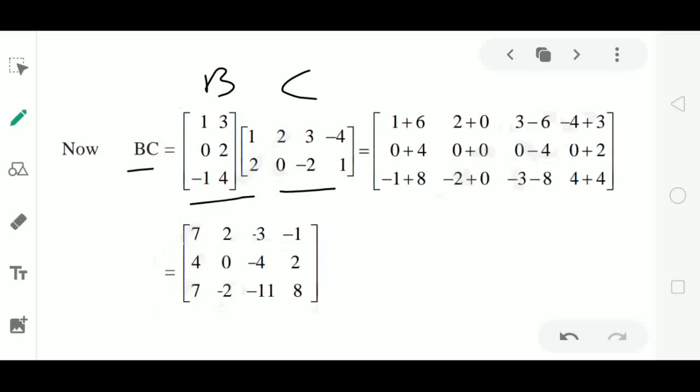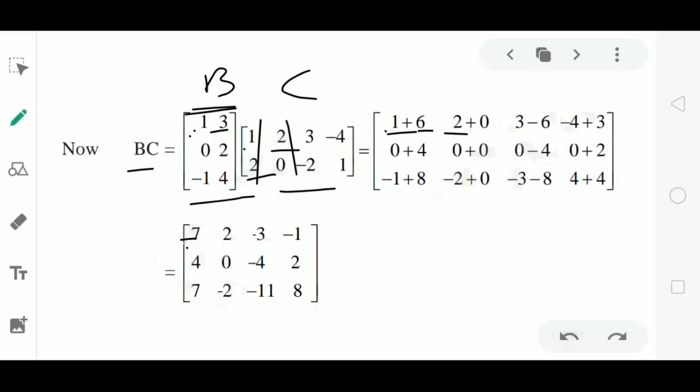Here BC is equal to the first row of B into the first column of C, that is 1 into 1 is 1, 3 into 2 is 6, 1 plus 6 is 7. Next, first row, second column. 1 into 2 is 2, 3 into 0 is 0, 2 plus 0 is 2.